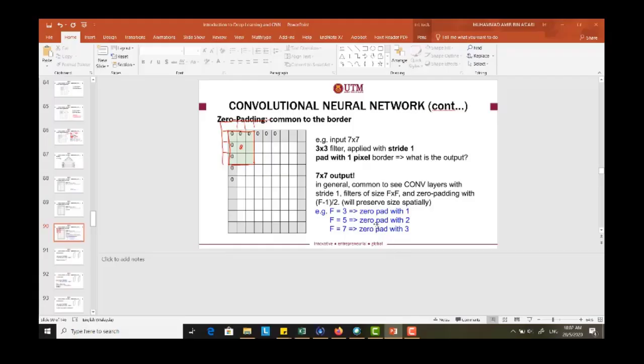Okay, so you can see that this is the formula to find out this one. Actually, even without this formula, you know that if f equals 3, you put it into this formula and it is equal to 1. If f equals 5, you put it in this formula, it's equal to 2. That's how we estimate how much zero padding needs to be added to your input matrix. Okay, it depends on the filter size.